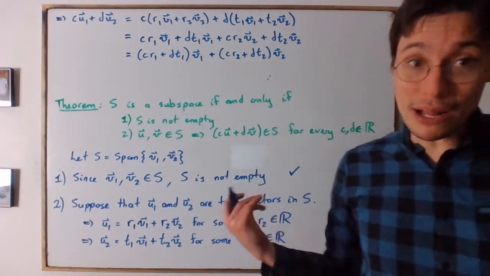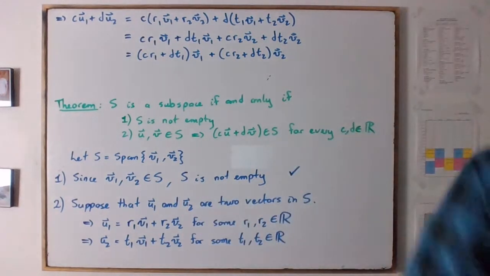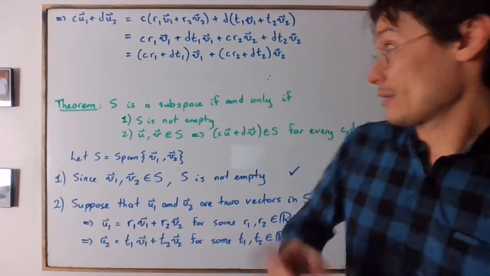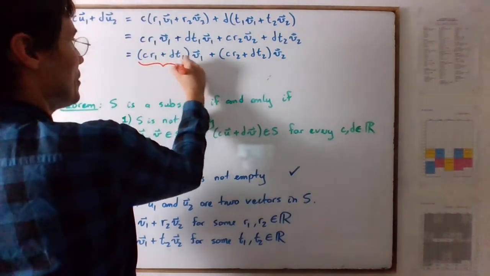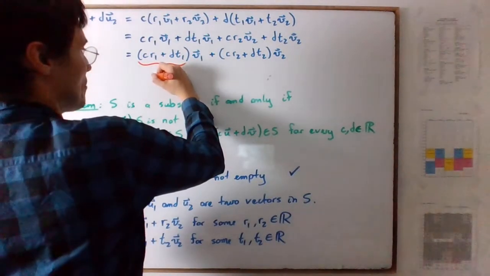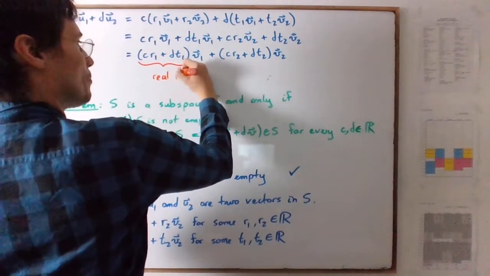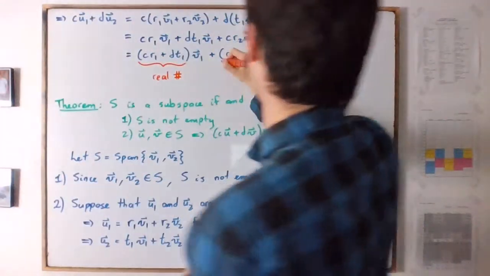What did we prove? These two things are real numbers: this is a real number, and this is also a real number.